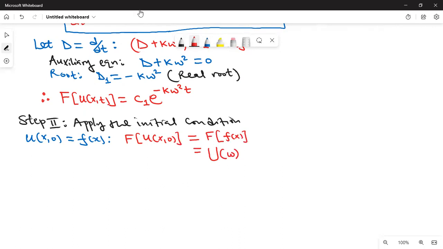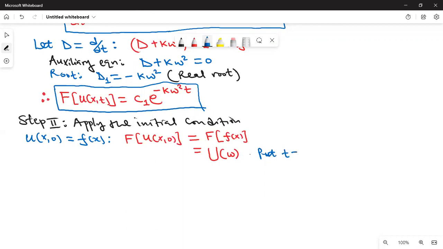So that means in this solution that we have found, I need to substitute t equals 0 so that our transform will be equal to U of omega. So when I put t equals 0 and the Fourier transform be equal to U of omega in this equation, the one that I have ticked, what are we going to get?